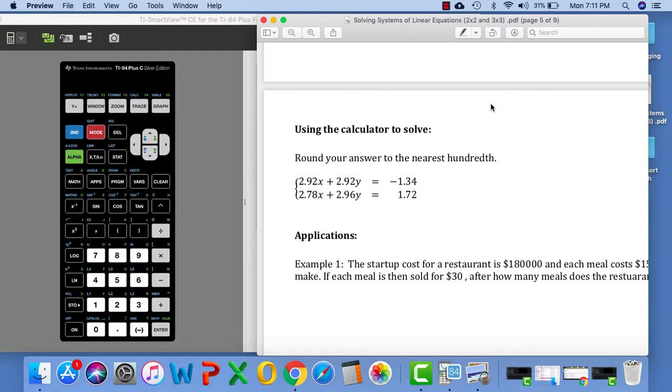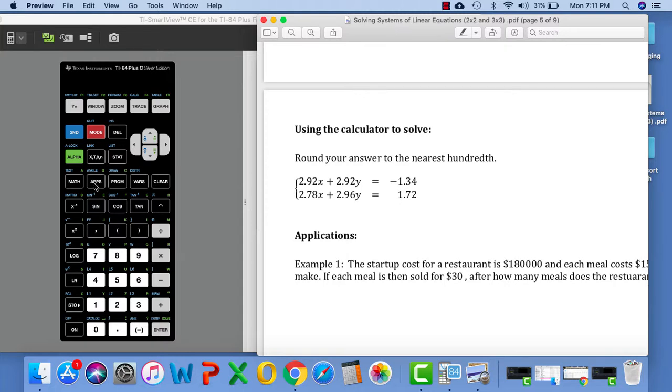So the way we're going to solve, we're going to use this example right here where it says using the calculator to solve. And the first step is when you look at your calculator, right in the middle, right next to your math menu, it says apps.